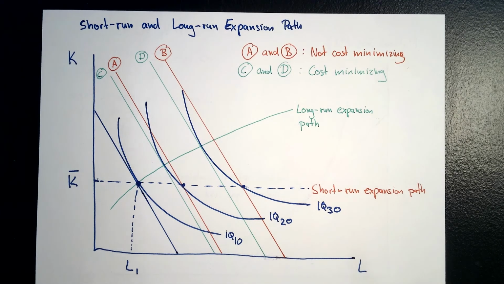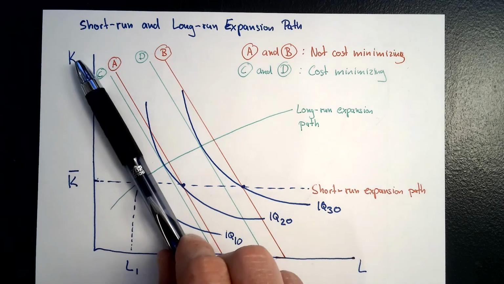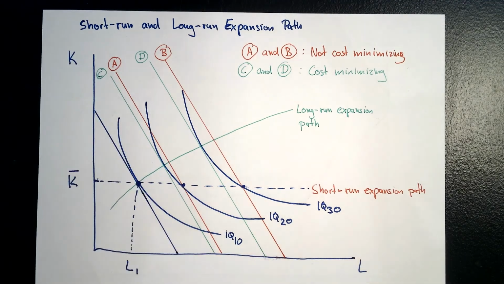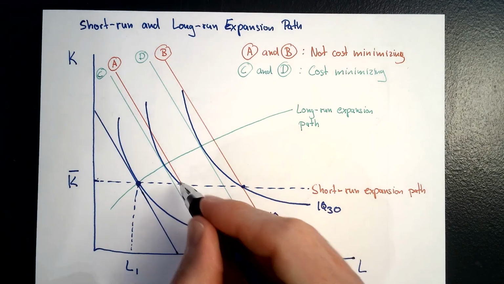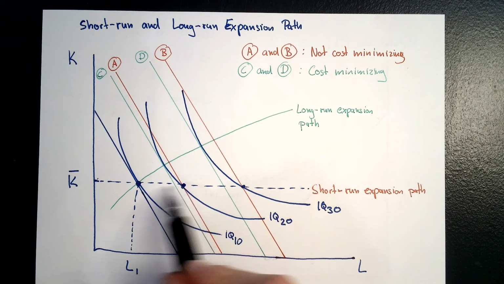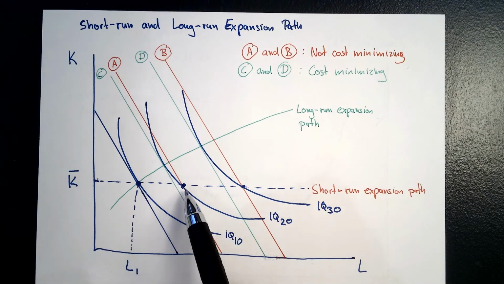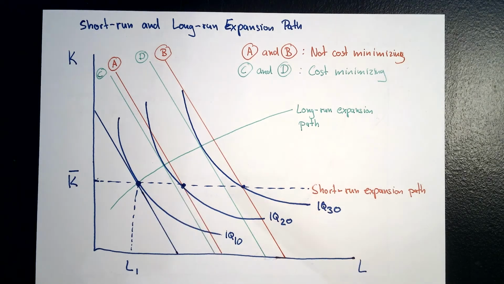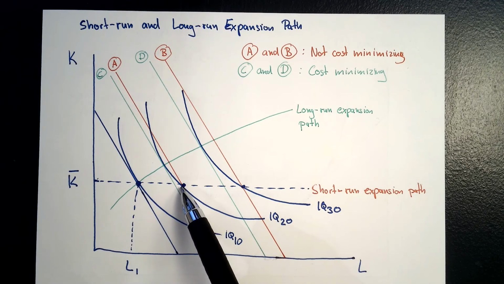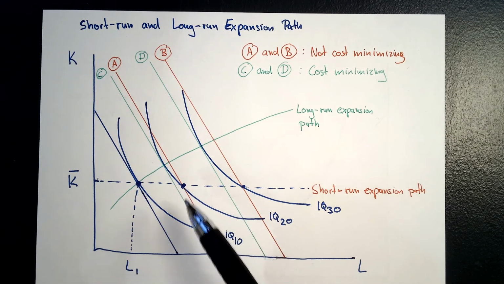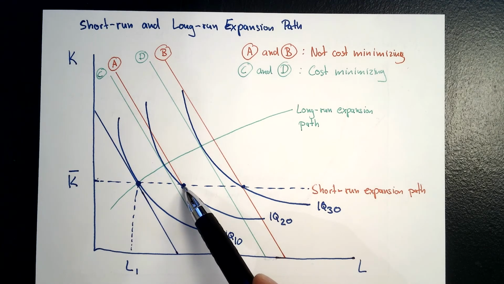Make it easier. So if the firm now wants to produce 20 units of output, then they have to use this combination of capital and labor, but this may not be efficient in the sense that it is not cost minimizing. And you can see that the isoquant is not tangent to the isocost line at this point. Now, why is the firm producing at this point anyway? Well, because capital is fixed.